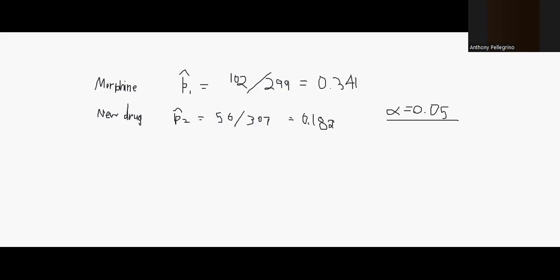So the claim can be written as, for the null hypothesis, H0: P1 equals P2, and the alternative hypothesis would be H1: P1 does not equal P2.